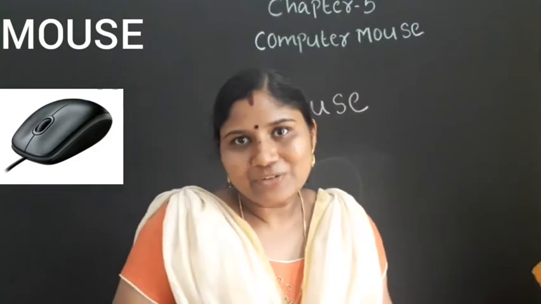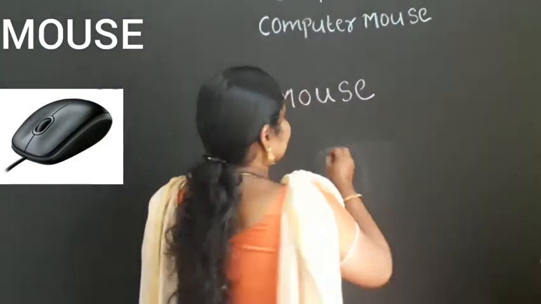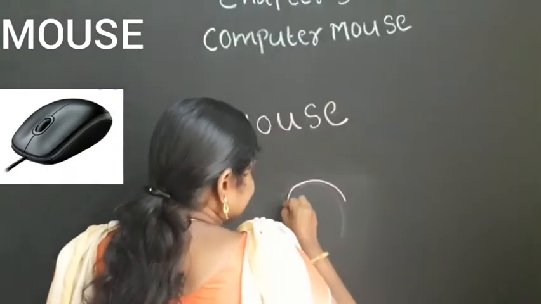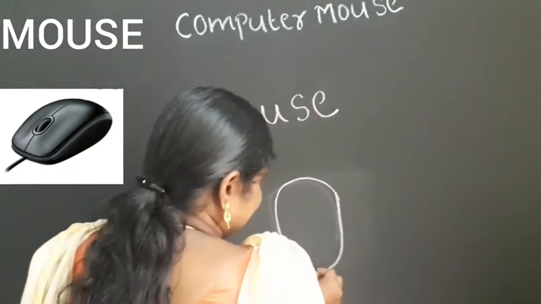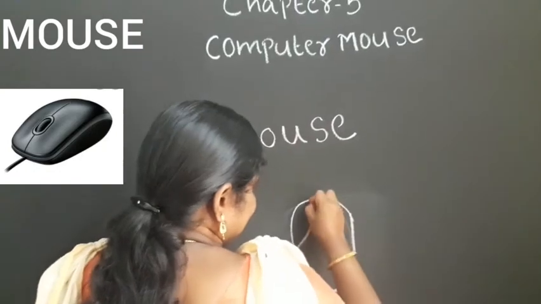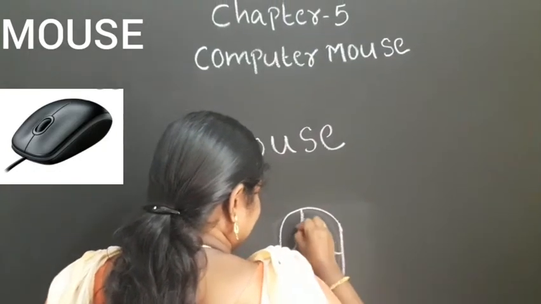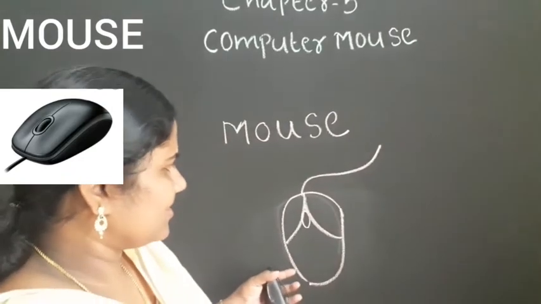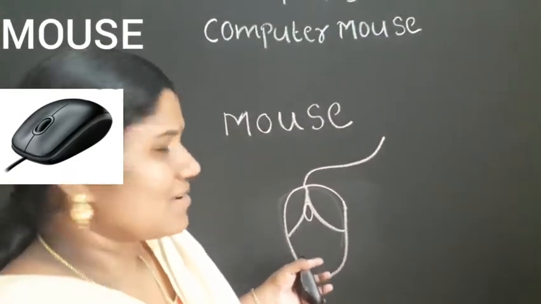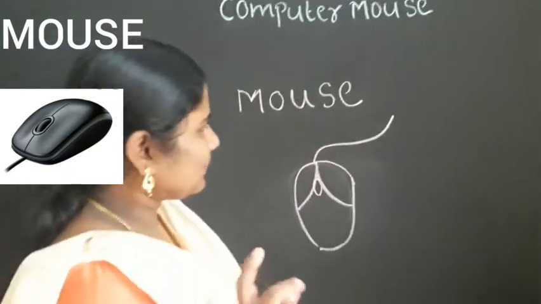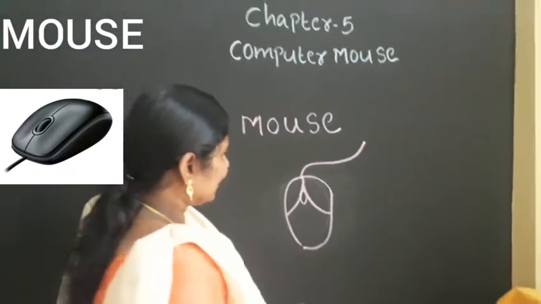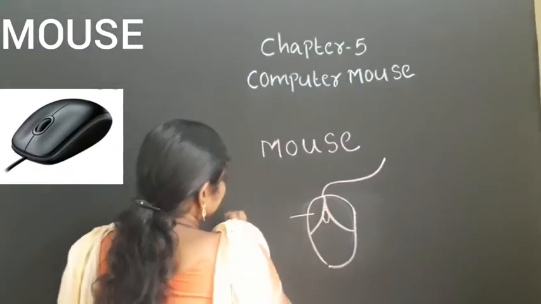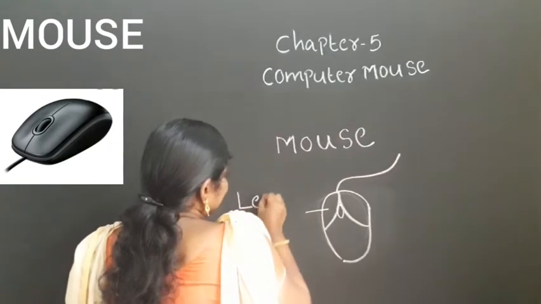Okay, let me draw the picture of mouse. Look here. Okay. Yeah, that really looks like a mouse. Okay, what are the parts of the mouse? Look here. This is the left button.